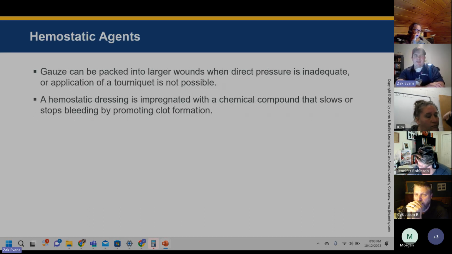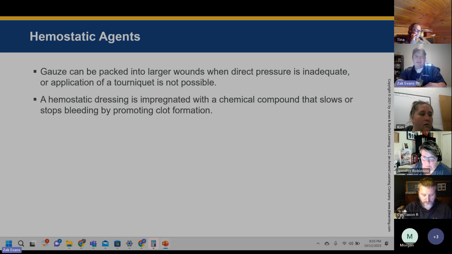All right, hemostatic agents. I don't know if you guys carry it up here. This stuff is expensive, and a lot of ambulance services just don't carry it, but it's good to know about. Gauze can be packed into larger wounds when direct pressure is inadequate or application of a tourniquet is not possible. A hemostatic dressing is impregnated with a chemical compound that slows or stops the bleeding by promoting clot formation.